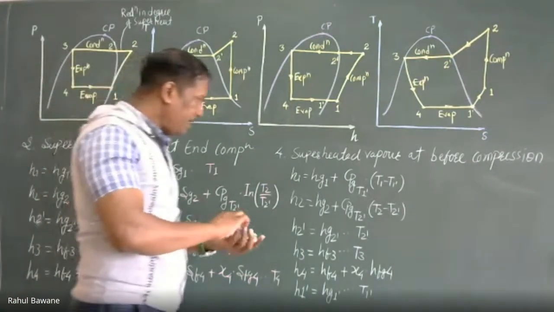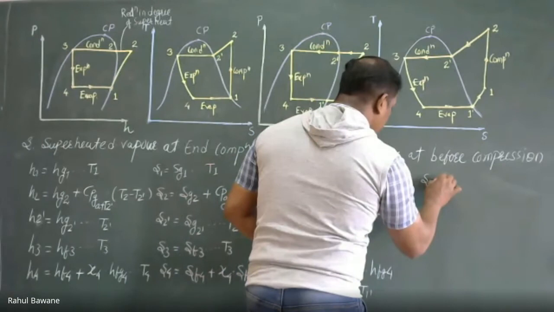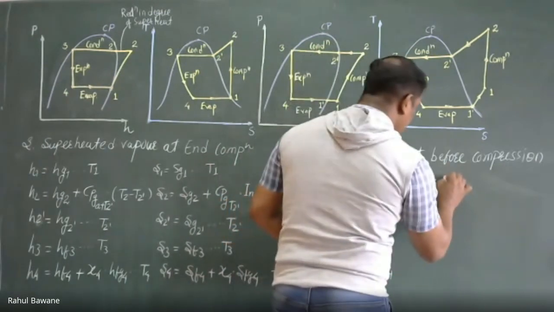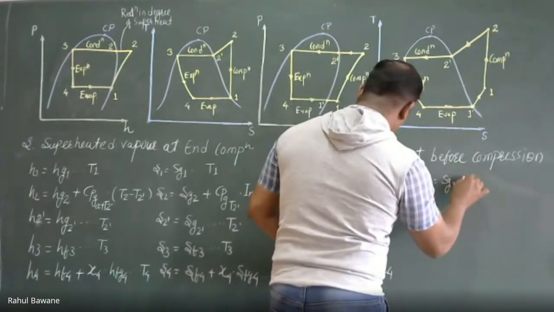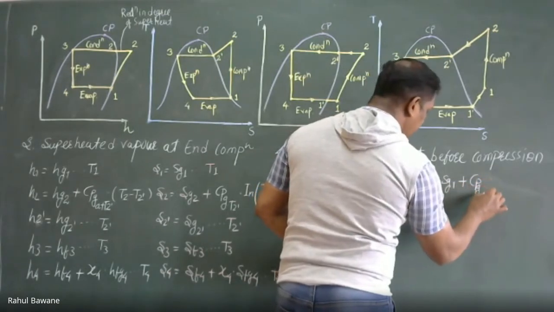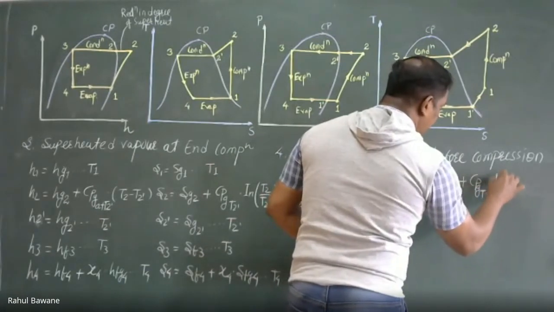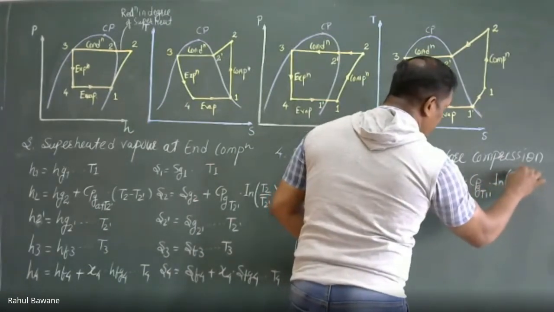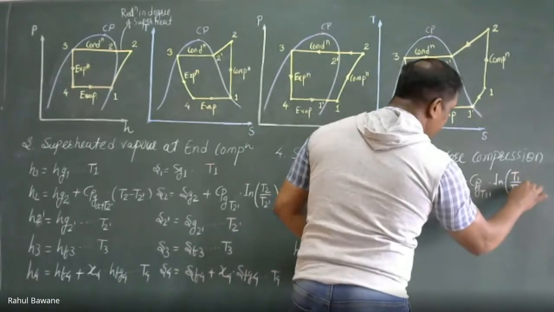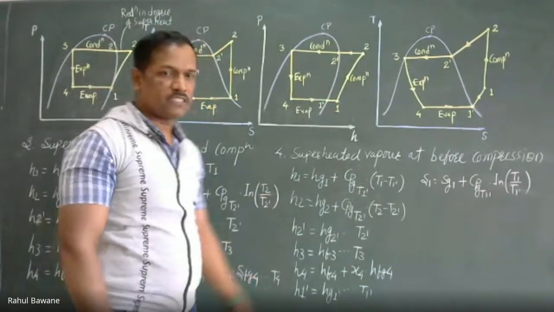Similarly for entropy, S1 will be Sg1 plus Cp of gas at temperature T1 dash multiplied by ln of T1 upon T1 dash. Remember, this is the difference between how enthalpy and entropy are calculated.